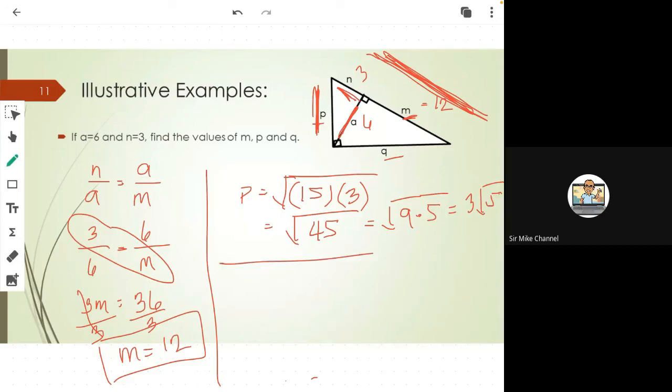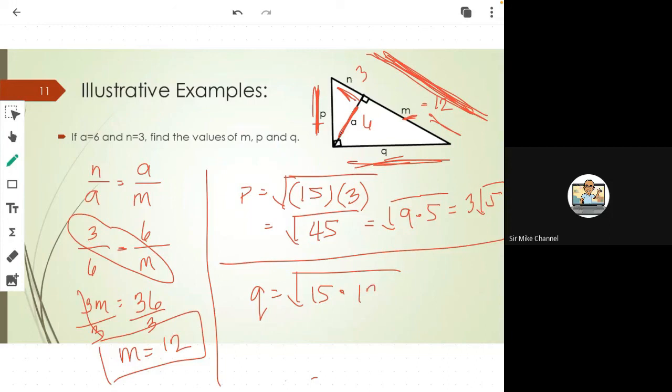How about Q? So, for Q, this is our hypotenuse, so that is 15 times our adjacent here, which is M, we have 12.